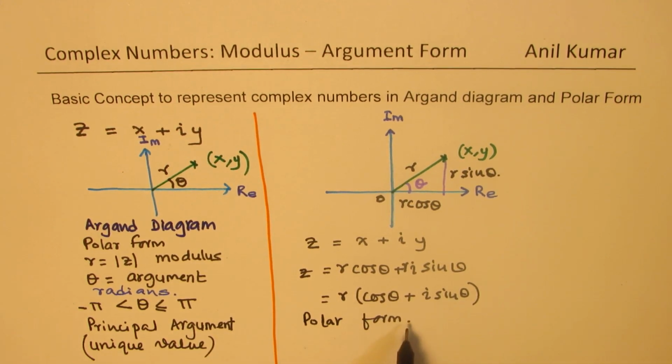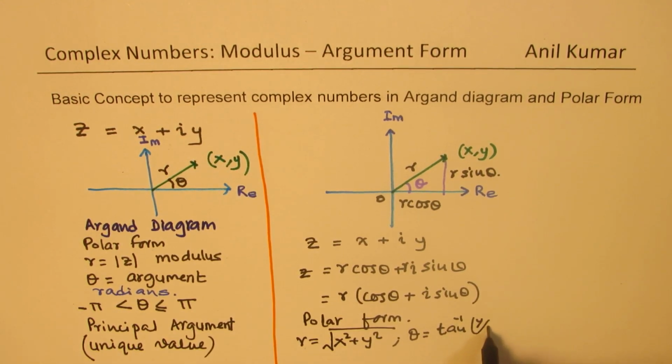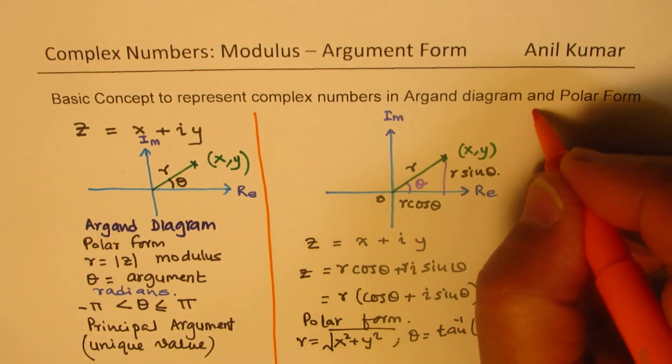So in this form, r is equal to the magnitude, which is the square root of x squared plus y squared, and theta is equal to tan inverse of y over x. Right? So that is what it is.